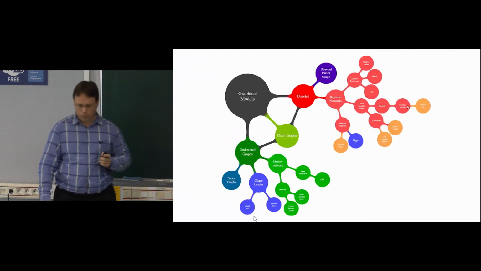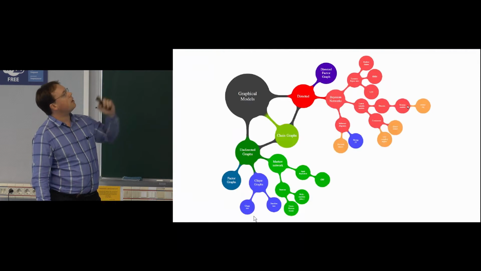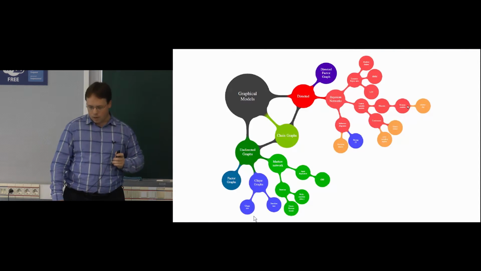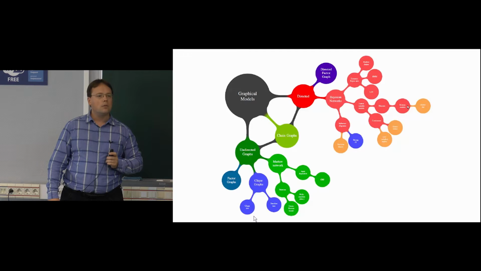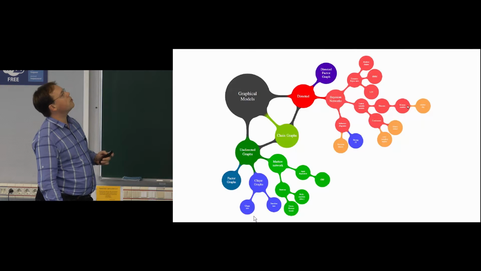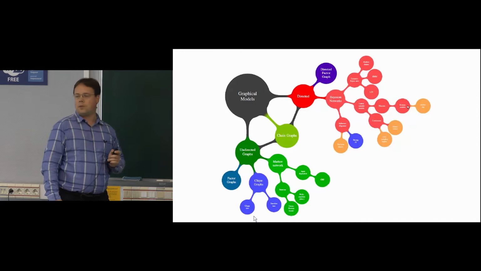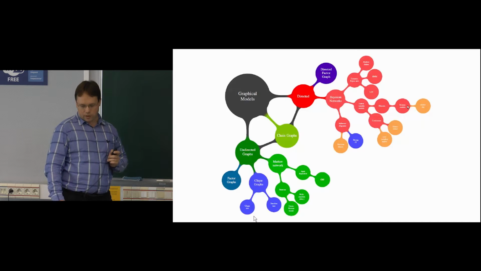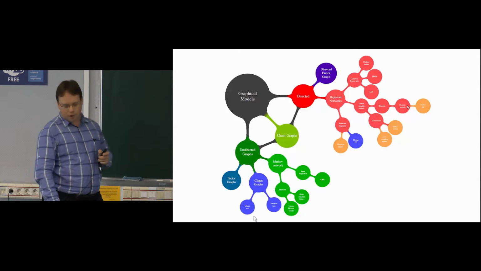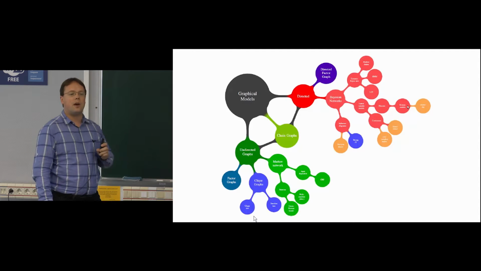Okay. So this is a figure I took from the book of Bishop, I think. Well, it's one of the figures in one of the books. And it shows you the zoo of what graphical models have been developed and how they all interact with each other. So there is the big field of graphical models, and we've only looked at very, very few of them, right?